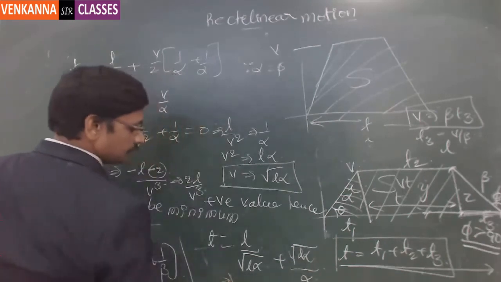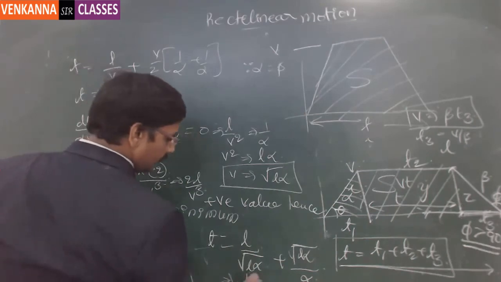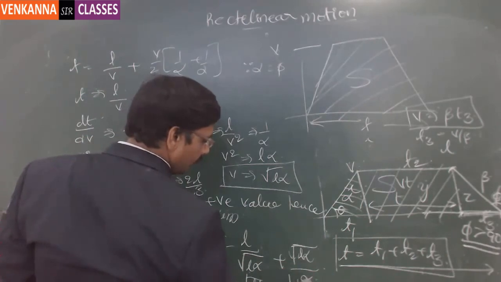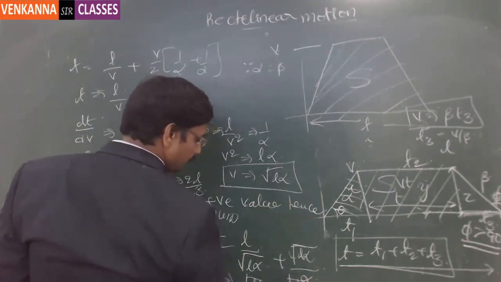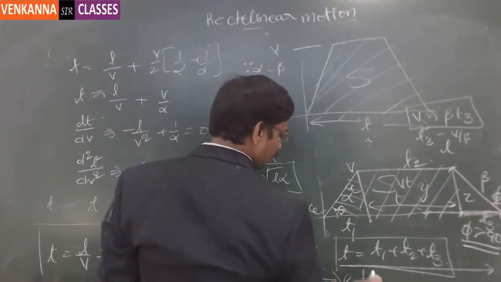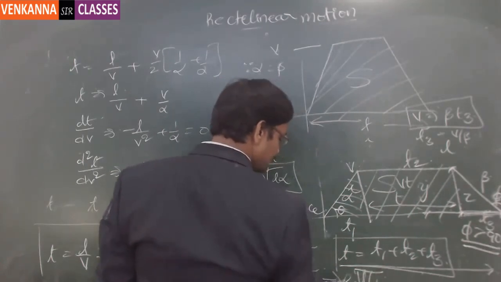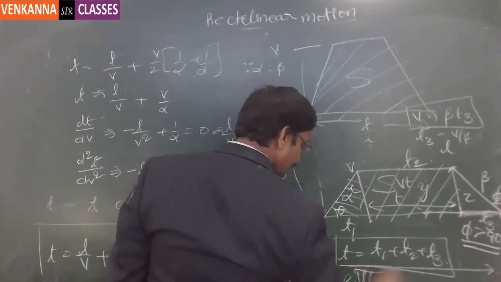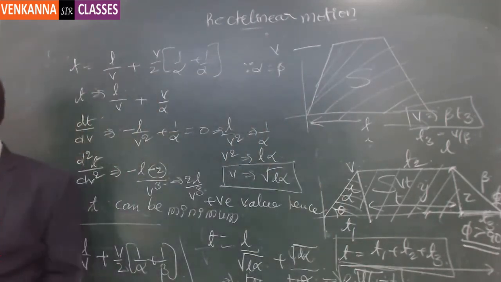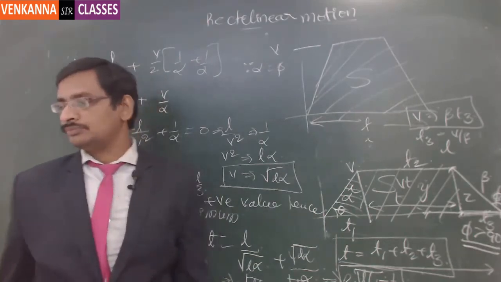So this is square root of L by alpha plus square root of again L by alpha. So T is equal to 2 times the square root of L by alpha. This is the least possible time that we can take to reach the same distance by making changes to the velocity. Got it?